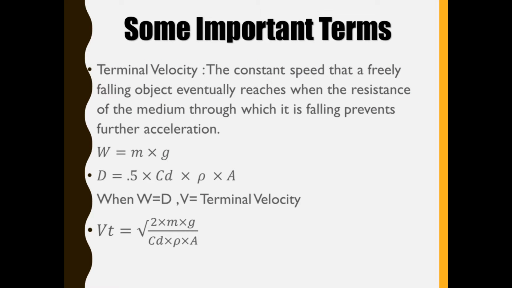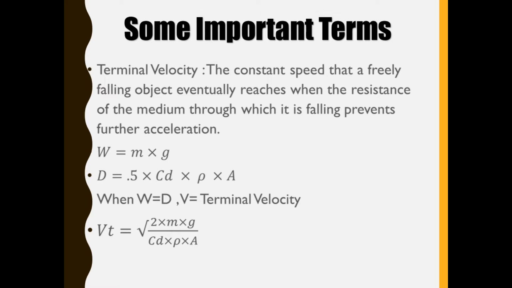Now let's have a look at some important terms. Terminal velocity is the constant speed that a freely falling object eventually reaches when the resistance of the medium through which it is falling prevents further acceleration. Or in other words, when the projectile is at its highest position, it starts free falling, then it reaches a point where its weight is equal to the air drag that the body is experiencing, and after that point the projectile experiences no net force.